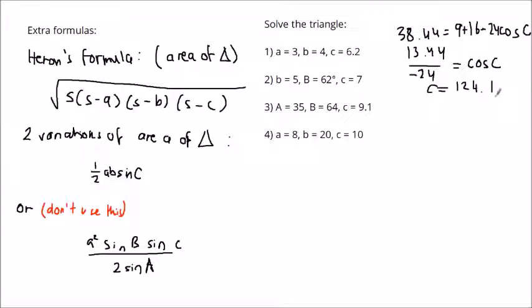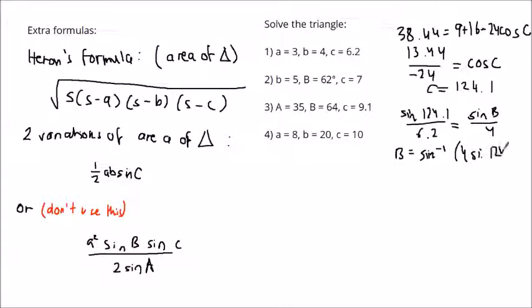Now we can solve for the others using the law of sines. So sine of the 124.1 over 6.2 is equal to sine of B, let's say, over 4. So our B is just going to be equal to the inverse sine of 4 sine of 124.1 over 6.2. Let's continue.